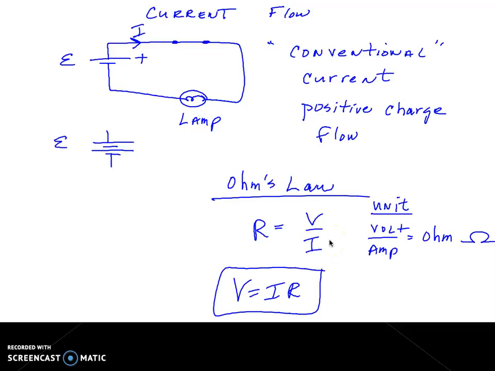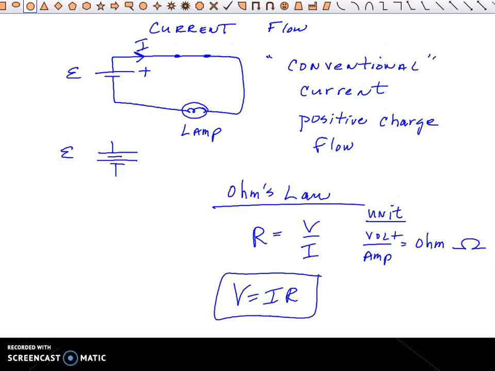So if we were doing an experiment to determine the resistance of a device like a lamp, if we made a graph that looked like this, where we plotted on the x-axis, well, let's just say we have many different batteries at different voltages.